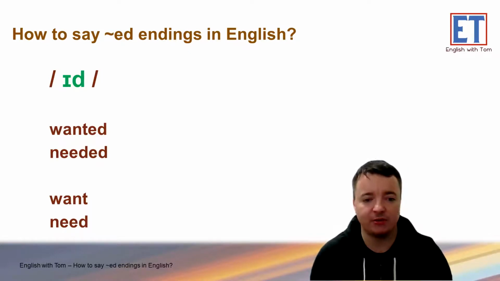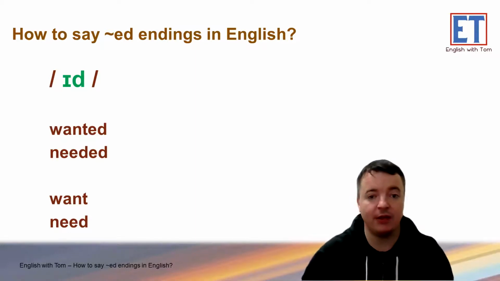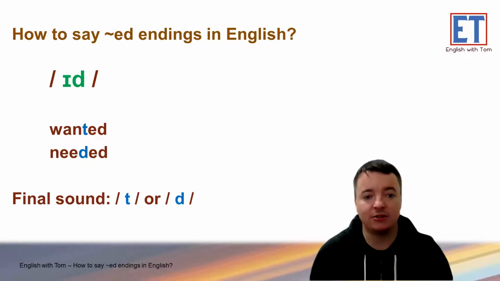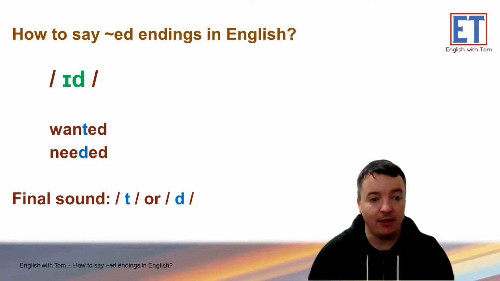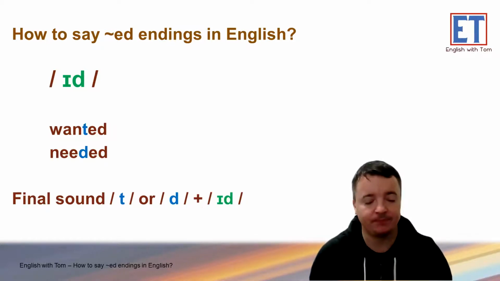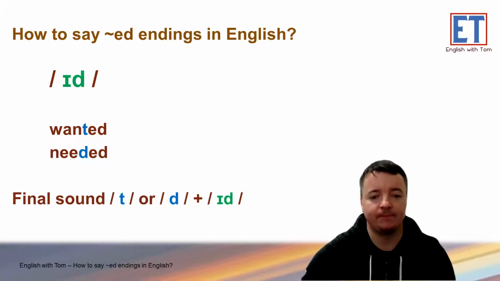Want, need. So it's the t sound and the d sound. So if the final sound before ed is t or d, then ed is pronounced id. Wanted, needed. Can you think of any more examples?